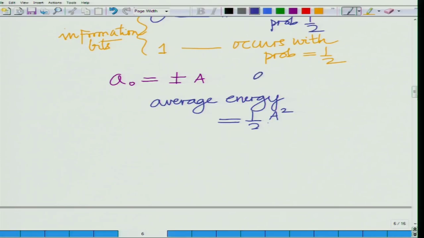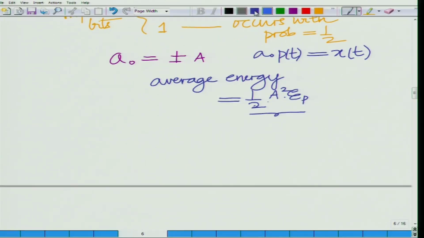Well, we are using the signal x t equals A naught times P t. So, half A square E p, that is the average energy corresponding to, if 0 occurs. This is the average energy of the signal if 0 occurs.